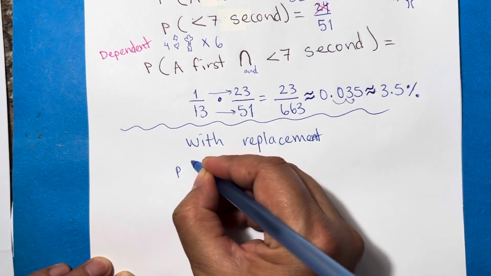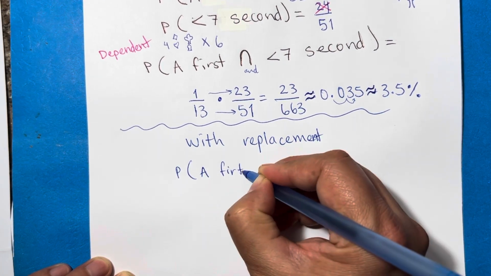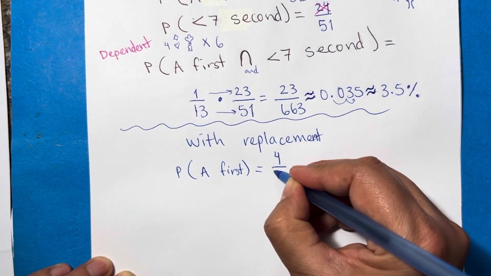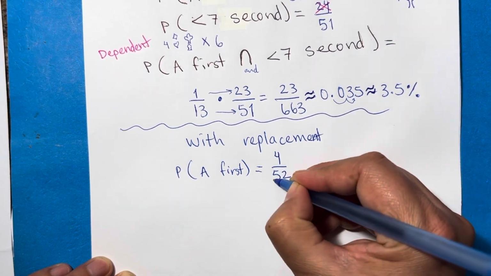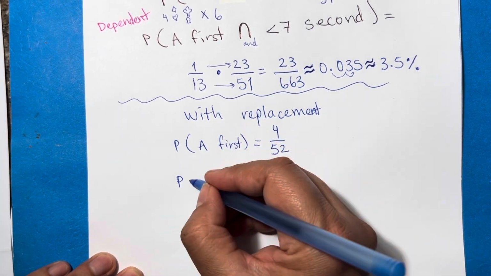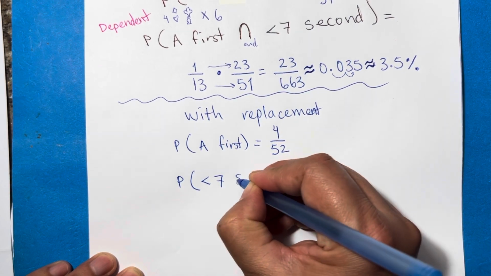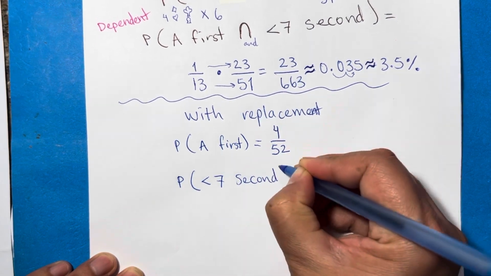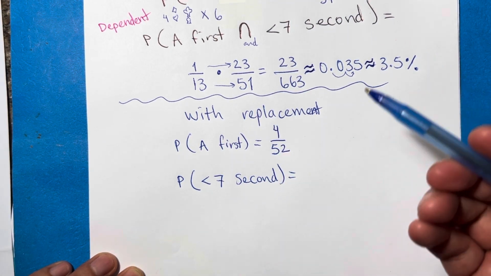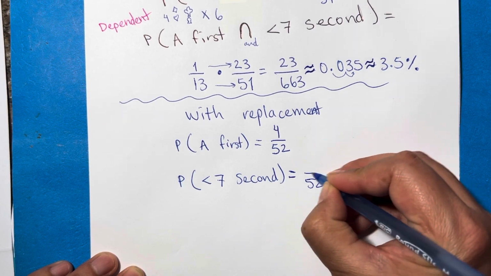So the probability of getting an ace first doesn't change. There are 4 aces in the 52 cards, and if you replace it, the probability of getting a number less than 7 for the second card, well, you're putting it back, so there are 52 cards again.